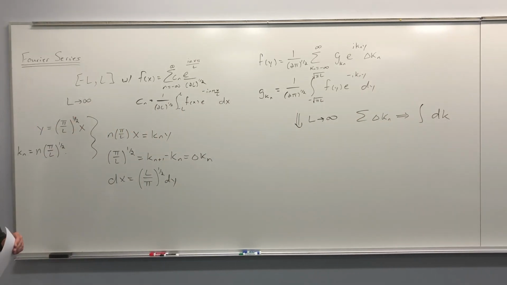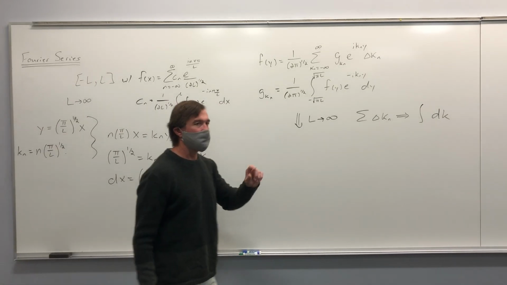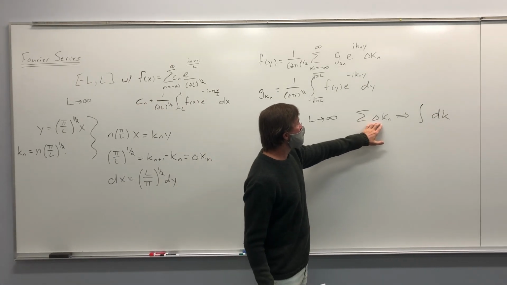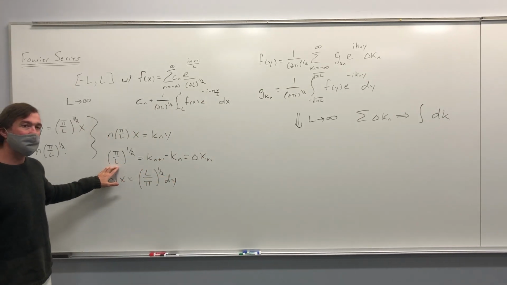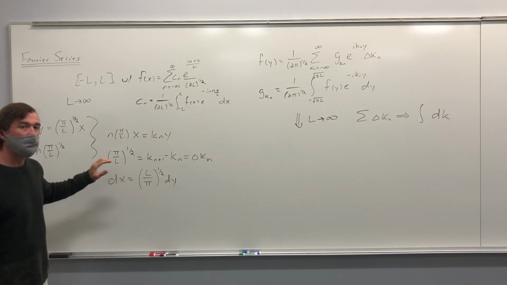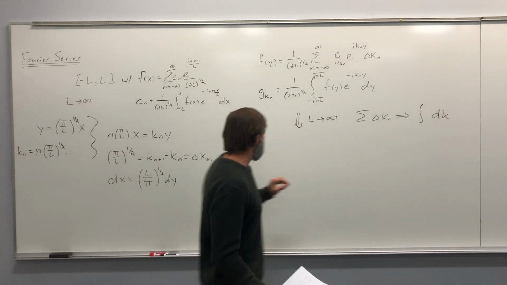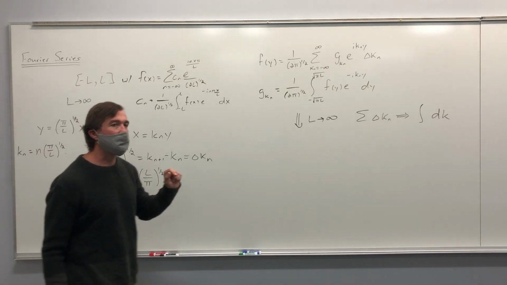Why no n? You're not summing over n here, you're summing over delta k, and delta k is going to zero. N is becoming irrelevant.